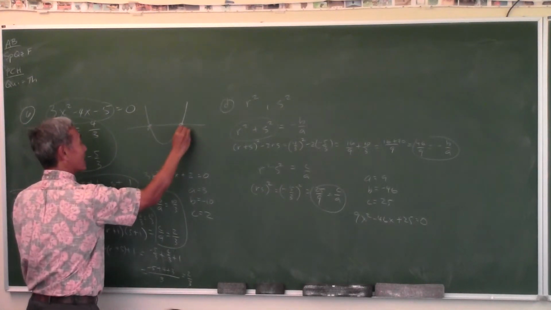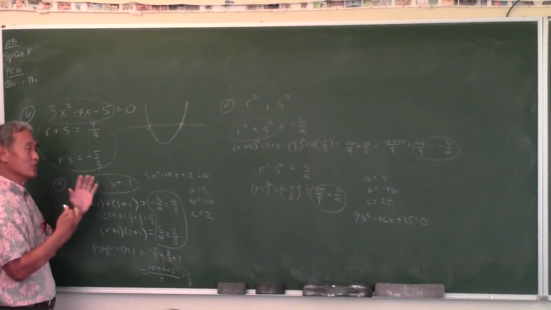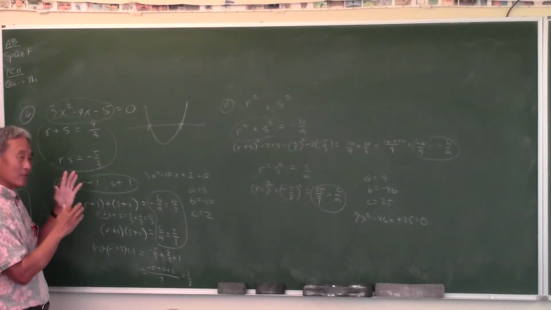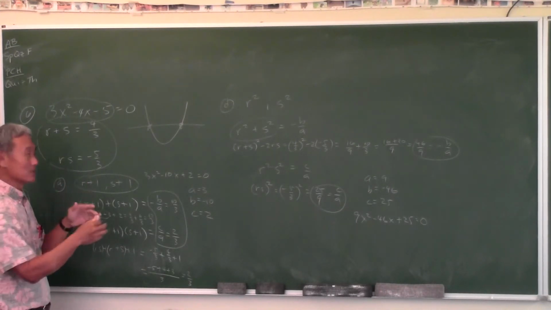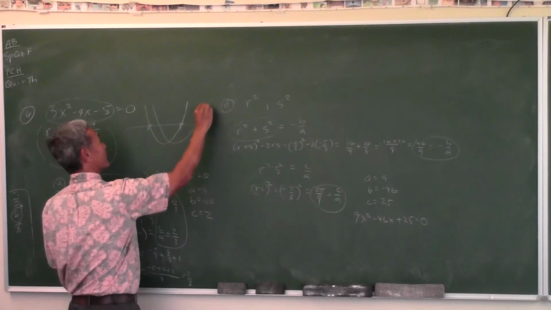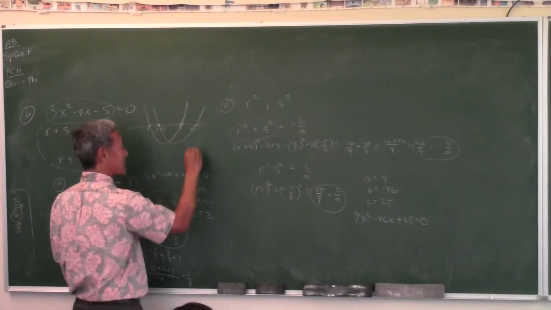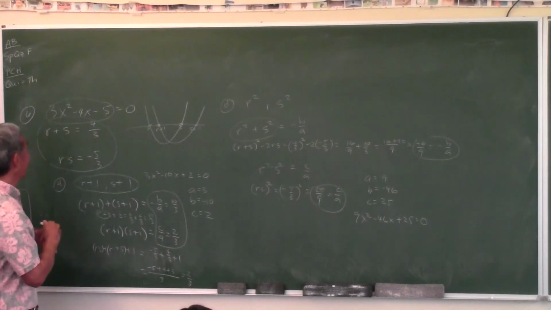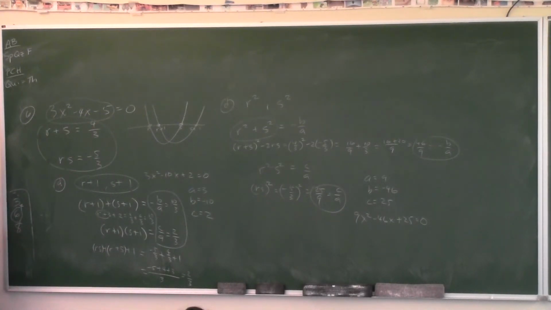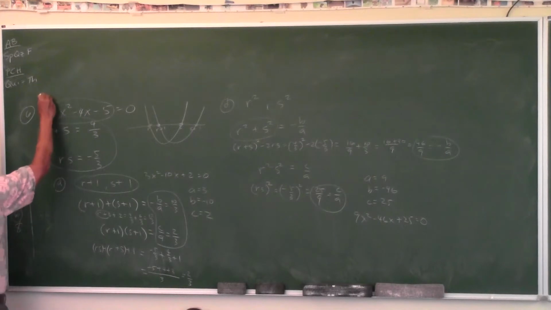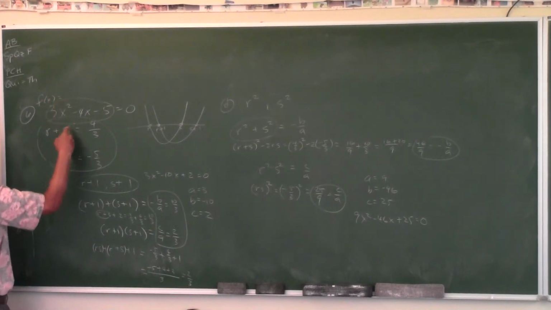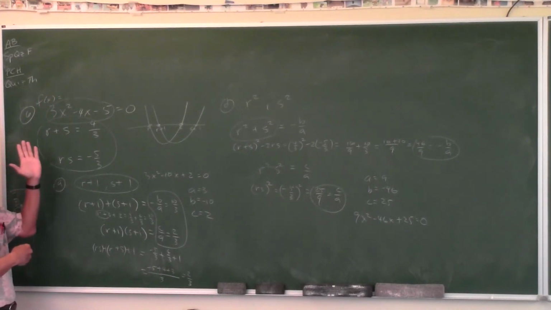So if this is r and s, what can I do to the graph to make the roots r plus 1 and s plus 1? You shift the graph 1 to the right. Doesn't that make sense? Now, did we learn how to shift the graph 1 to the right? Yeah, so if you think of this as a function like this, how do I shift the graph 1 to the right?